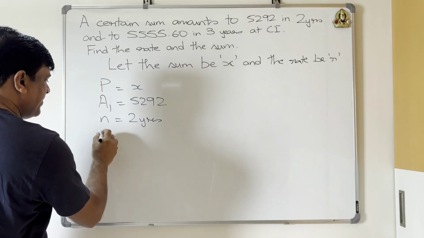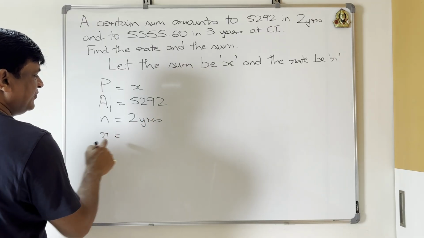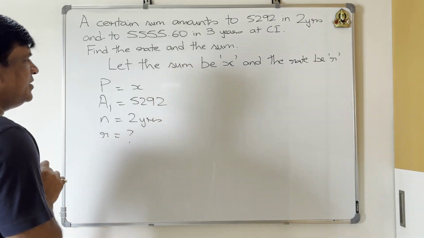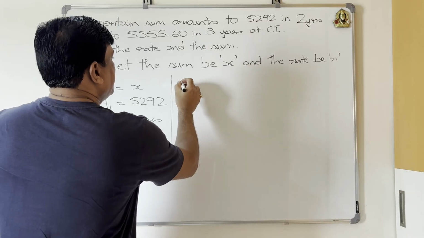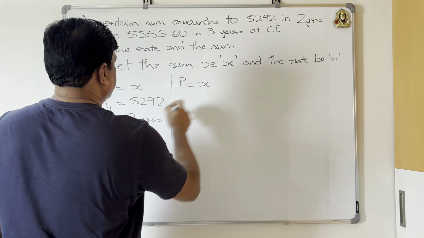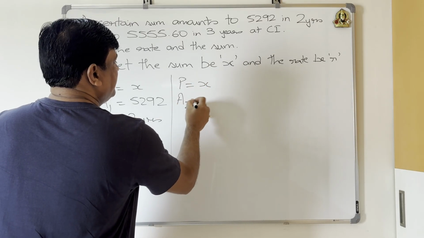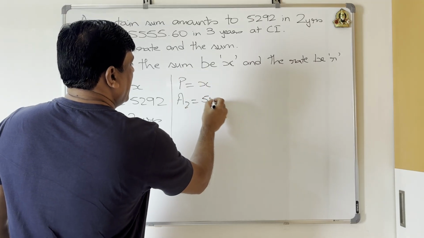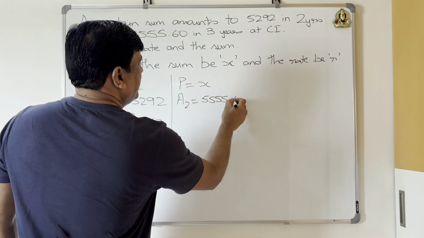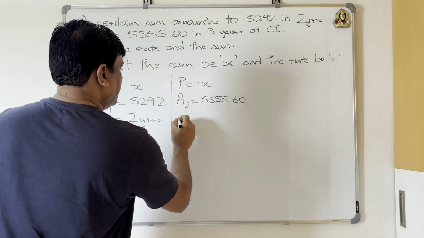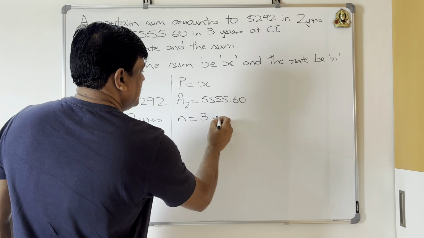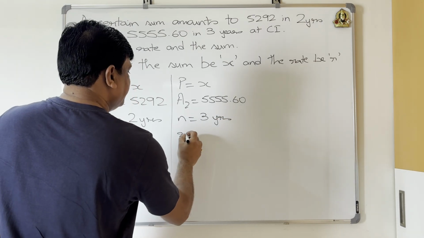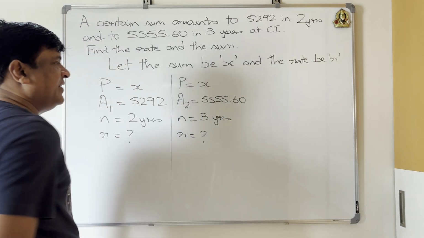The rate remains the same, so I'm going to use the same R. That's the first bit. And the second bit is P is equal to x. Amount 2 is equal to 5556. Your term is 3 years. They mentioned it as 3 years, and the rate remains the same. Rate is consistent across.